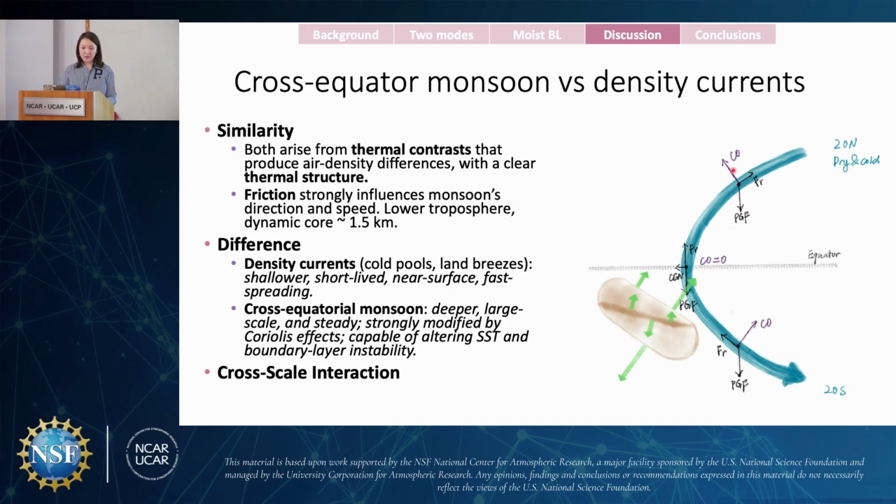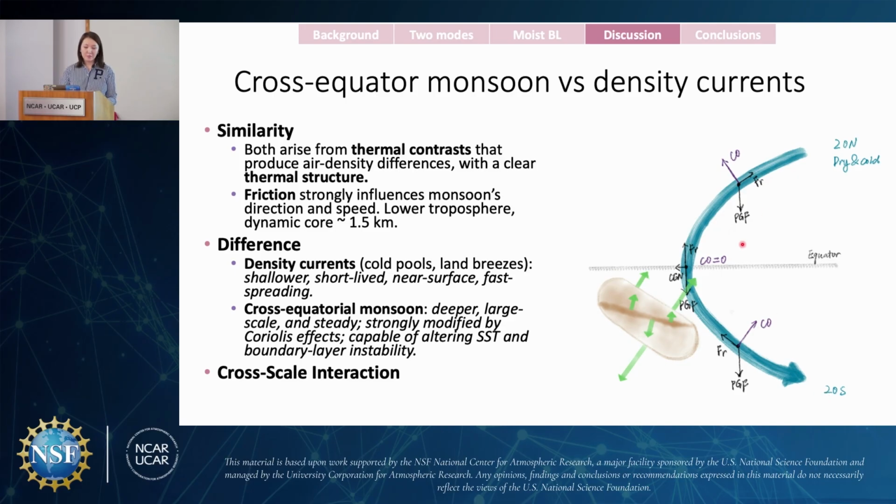And for the cross-equator monsoon, we emphasize the three-force balance between the Coriolis force, pressure gradient force, and also the friction. The Coriolis force should change sign, change direction when it crosses the equator because of the tropical beta plane. And another thing is the friction is very important in this force balance. The friction strongly influences the monsoon's direction and speed change.